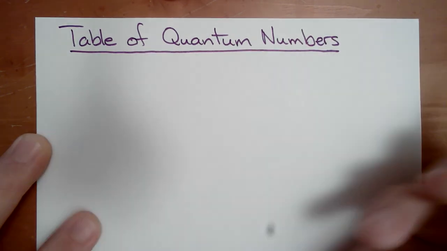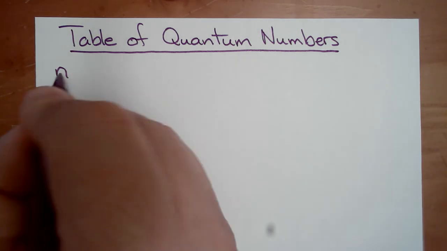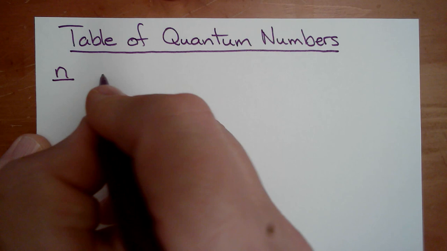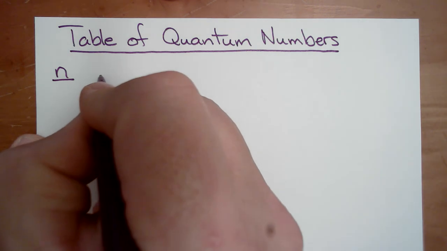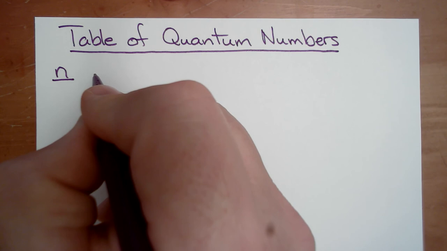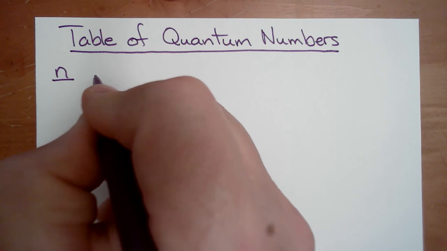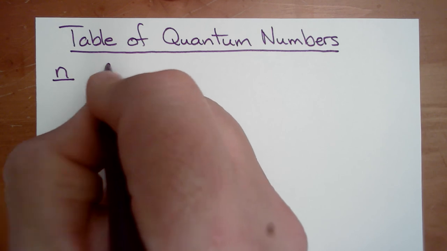On that table, we'll put the principal quantum number, that's the principal energy level. Then we'll put the angular momentum quantum number, which is the small l.